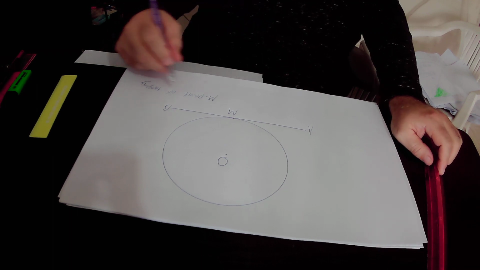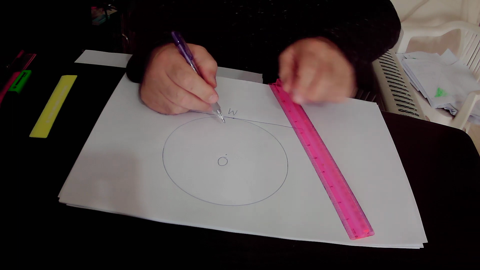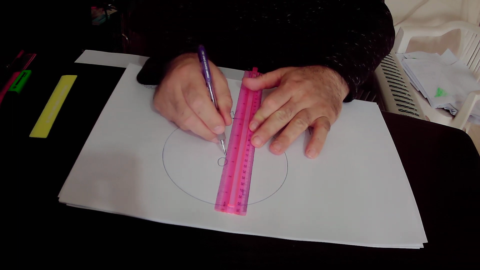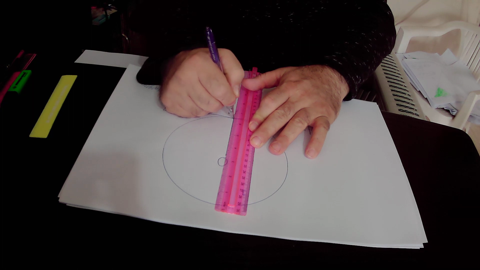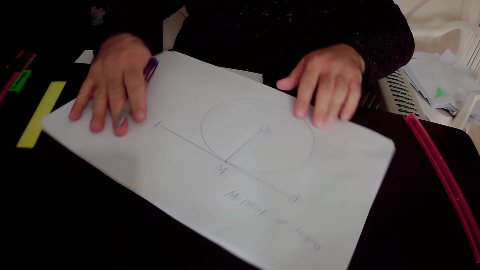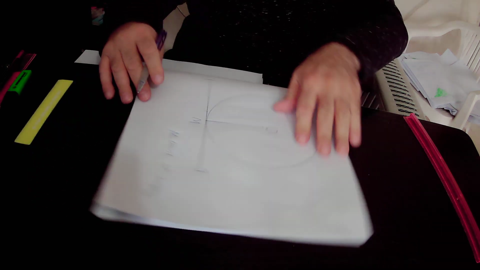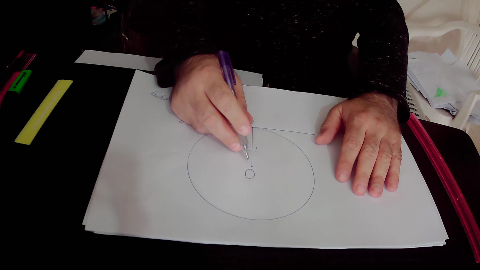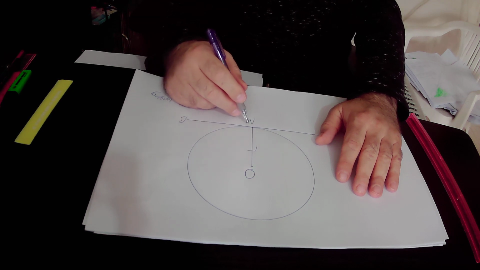And we join together points O and M by a straight line. So here you can see OM is actually the radius of this circle, because it starts from the center of the circle and ends at point M, that is the point on the circle itself.